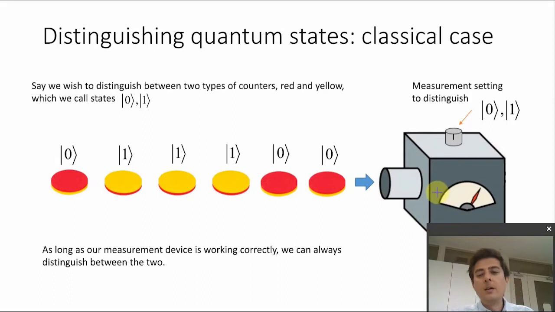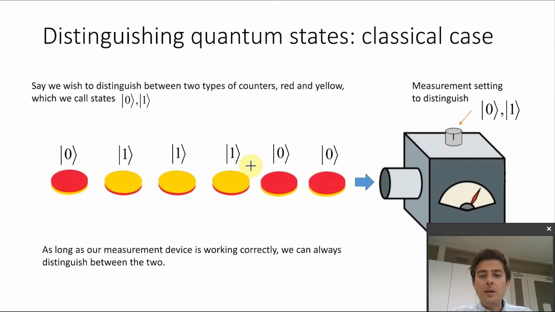We can write this in a pseudo quantum mechanical way. Let's call the case when the counter is red state 0, and state 1 when the counter is on the yellow side.